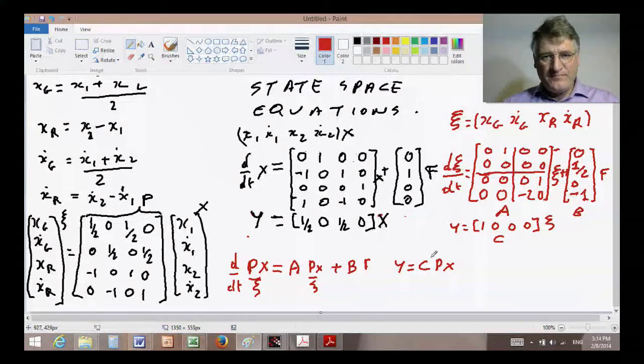Okay, so another way of writing this is by placing the P on the other side. P can go out of the derivative and then we can invert it.